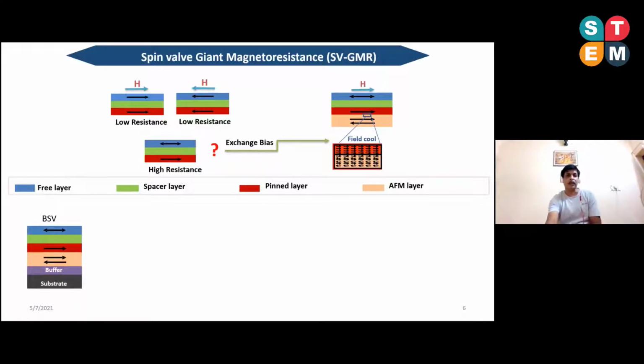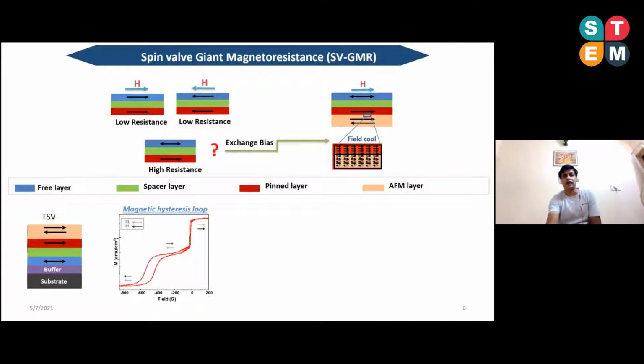This is the typical bottom spin valve, and this is the magnetic hysteresis loop. The transition in the magnetic measurement shows the free layer transition, and the other transition shows the pinned layer transition, which is biased by the AFM layer.